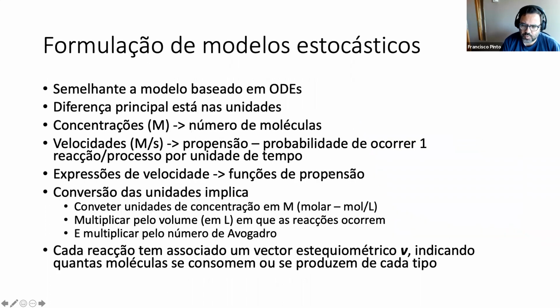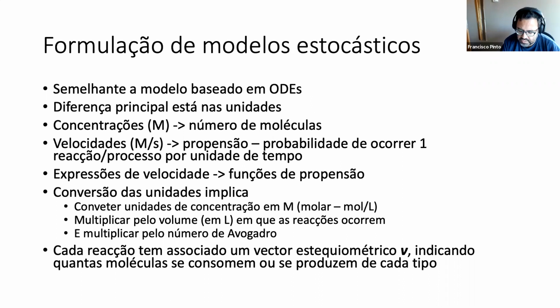That propensity function will be a function of the values of the other variables and of parameters, similar to the rate expressions. So these propensity functions could be similar to mass action laws. It will be a constant parameter multiplied by the number of molecules of the reactants of that process.